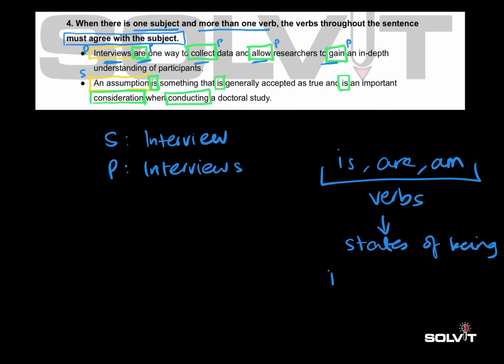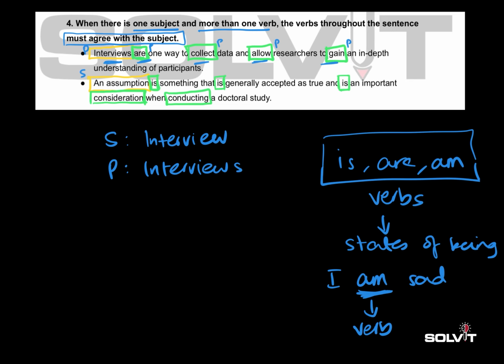For example, if I say, I am sad, then it's representing my state of being. It's telling you that I am sad. So, am is a verb. Or if I say that she is sad, then it's representing her state of being. So is also a verb. Just remember these three words are considered verbs.